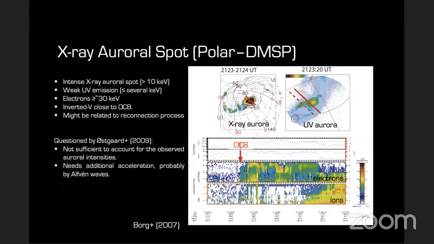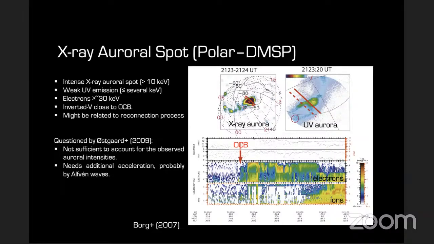They compared the observed X-ray auroral intensity with that calculated from the Cluster electron flux observation. They found reconnection-related electron energy fluxes are not sufficient to produce the observed X-ray auroral intensity.